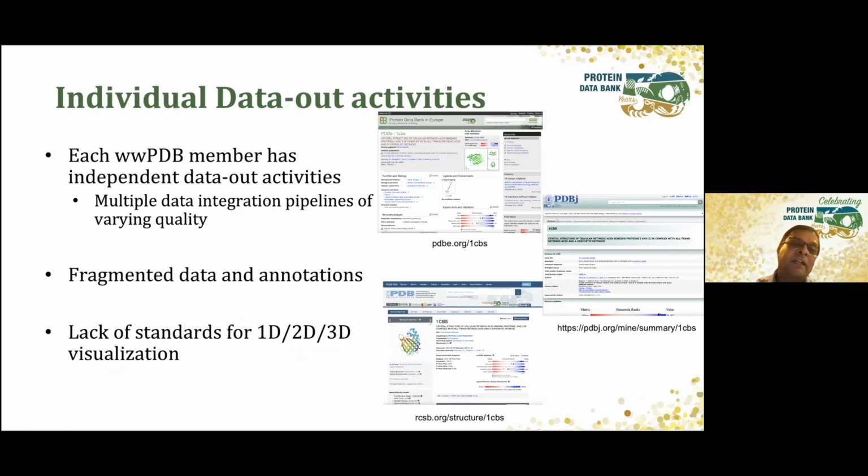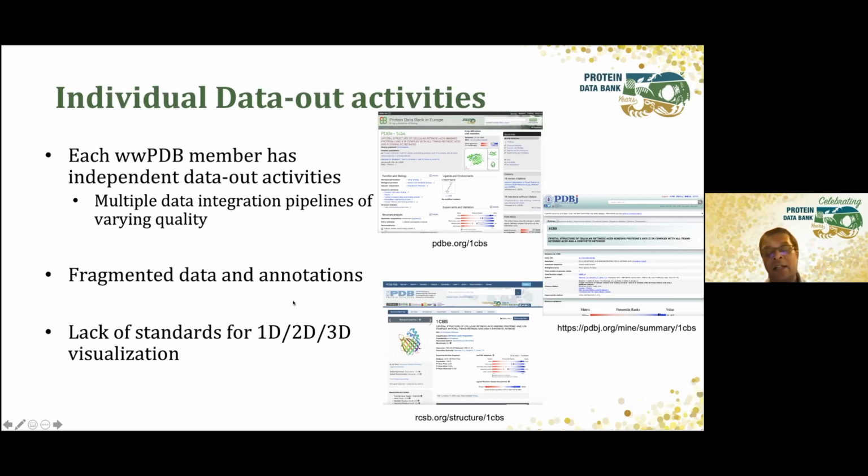So at the moment, we have different websites, and this was shown in different presentations over the last 2 days. And what that also means is every one of us has some expertise and has devoted time to enriching data at each of the wwPDB sites.